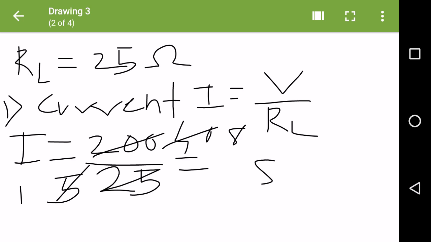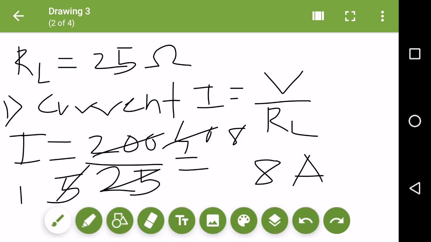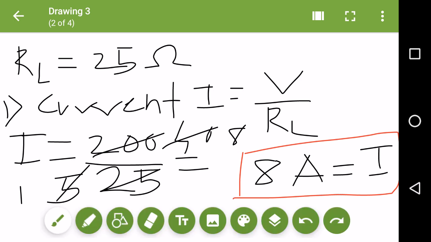So the total current is 8 ampere. So this is my total current, that is I. So I found the total current in the circuit, that is 8 ampere.